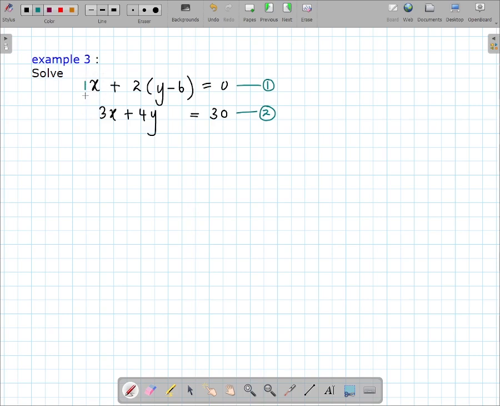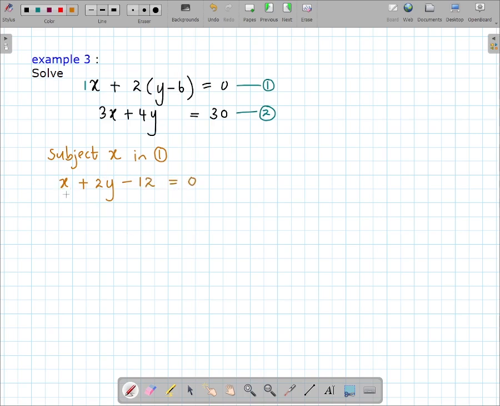Then I can subject x in equation 1. So I write x, but here I'm going to expand the bracket and write plus 2y plus 2 times minus 6, that is minus 12 equals 0.